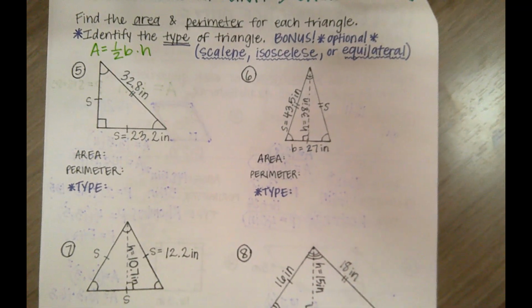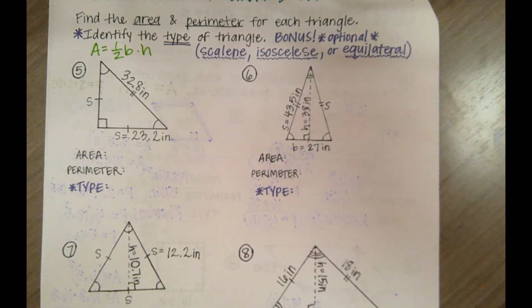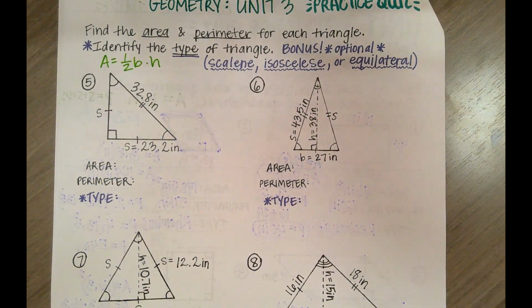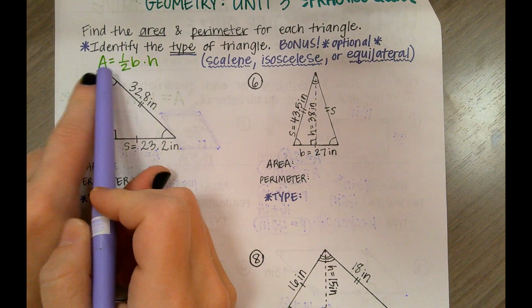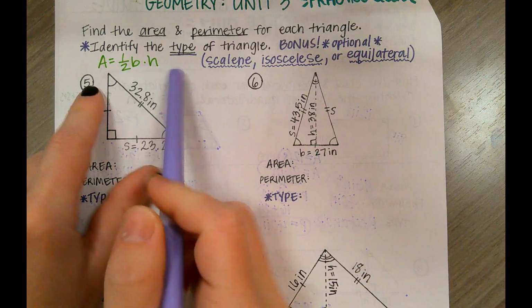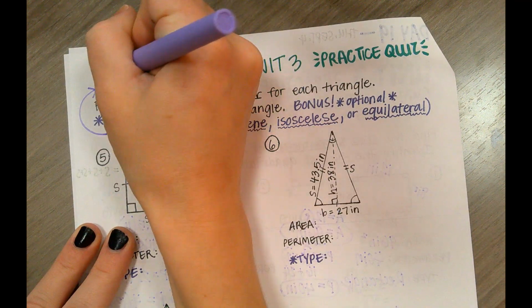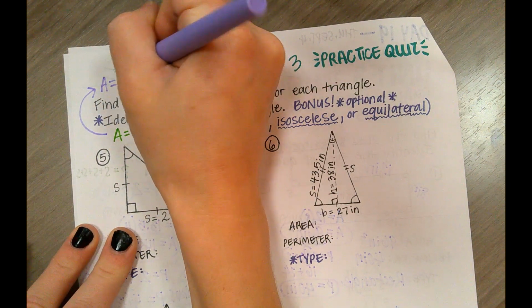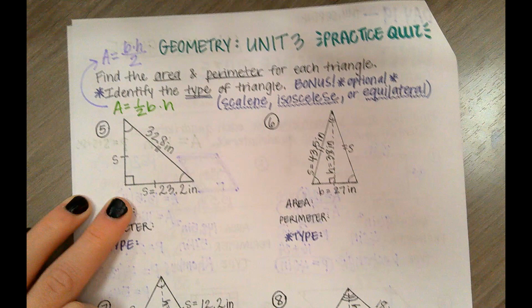Now we are finding area and perimeter of triangles. So I went ahead and wrote the area formula here. I have that area is 1/2 base times height. You could also think of it as area equals base times height divided by 2. That's the same thing.